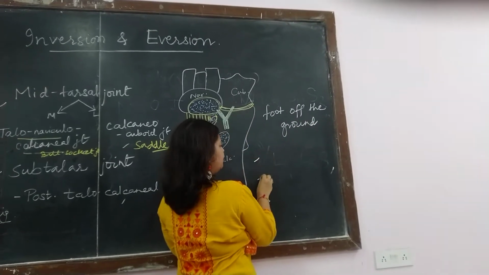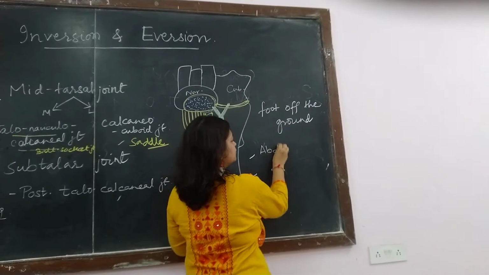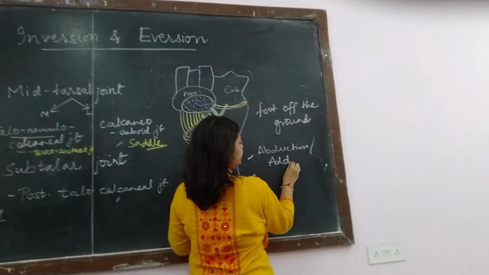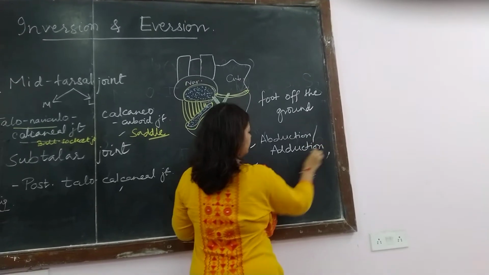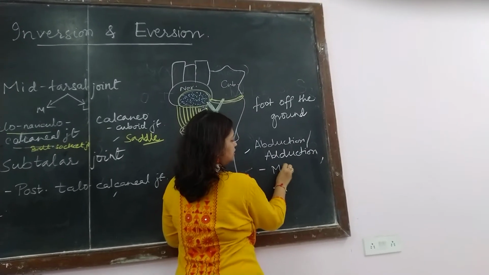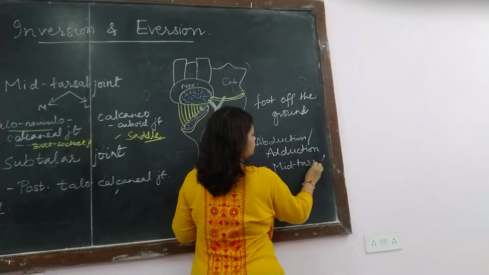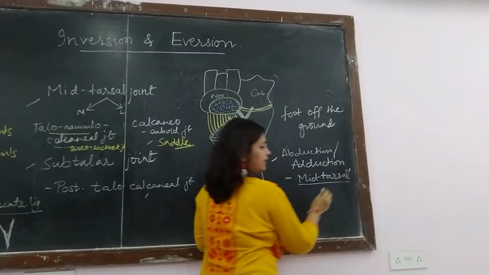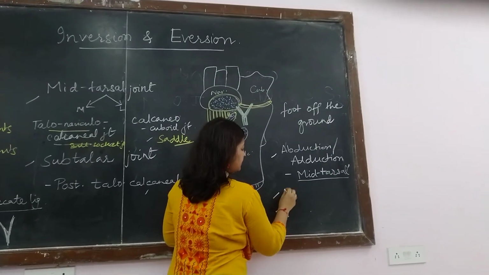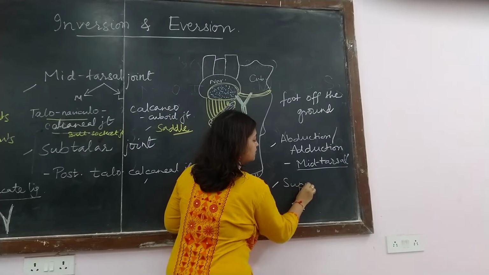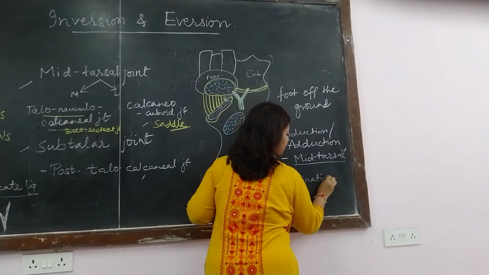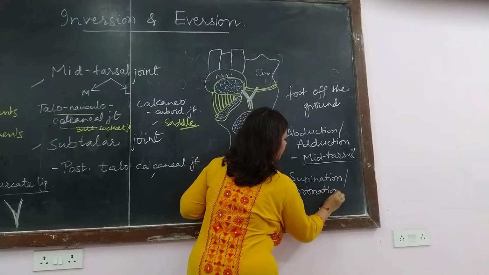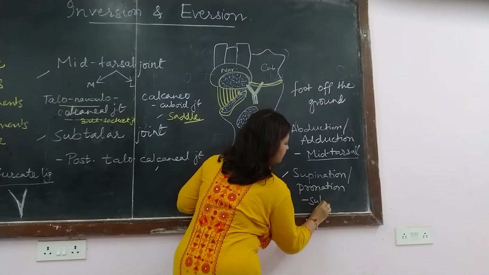The first component is abduction or adduction, which takes place at the mid-tarsal joint. So, the lateral and the medial components of the mid-tarsal joint act together. And then there is supination and pronation that takes place at the subtalar joint.